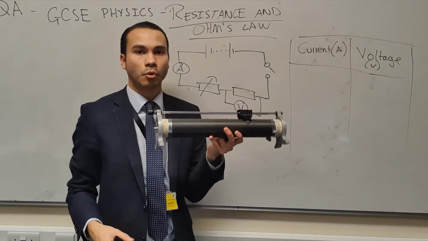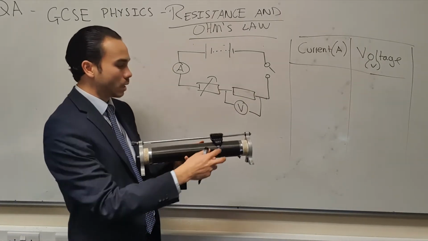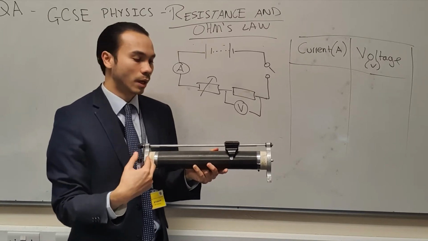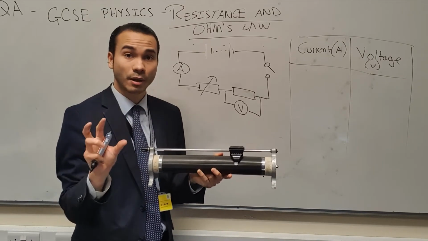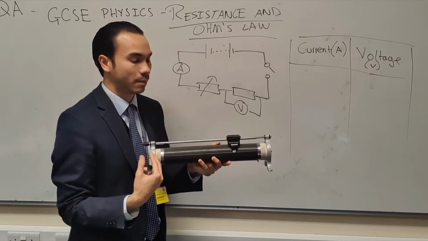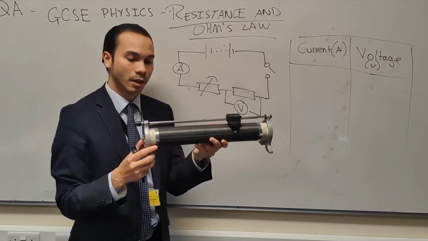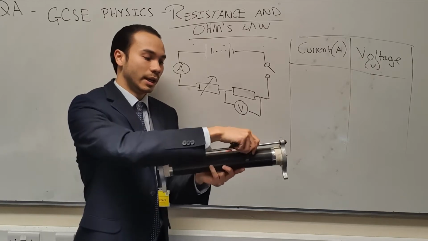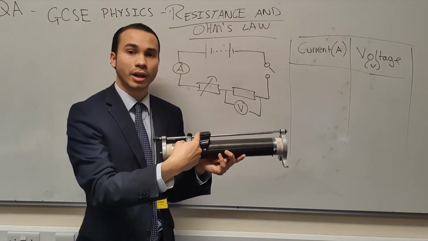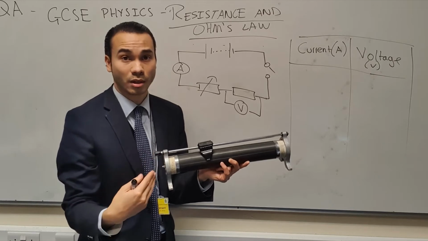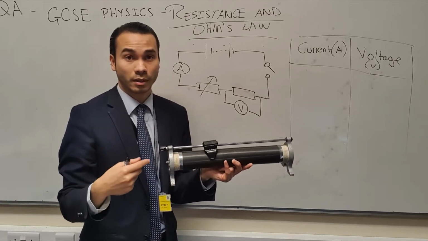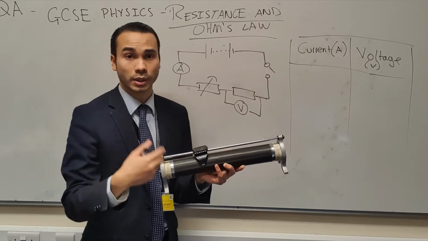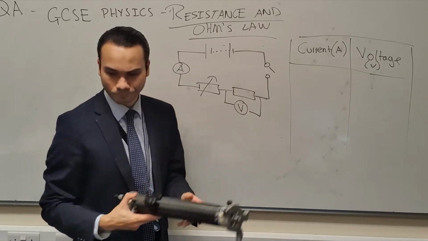This is what a variable resistor looks like, and this can vary the resistance in my circuit. Basically, what is it made up of? It's just a long coil of wire, and as I move this slider across, I can change that effective length, and I can change the amount of resistance that the electrons have to overcome in order to get to the other side of the circuit.